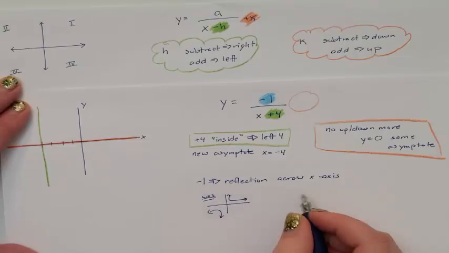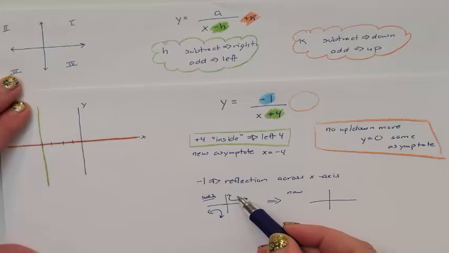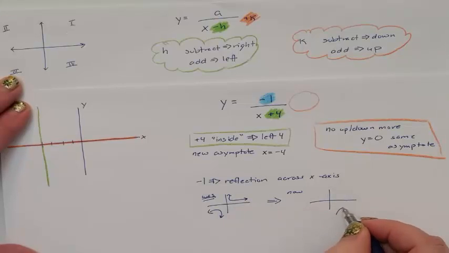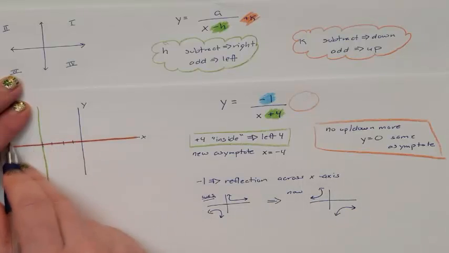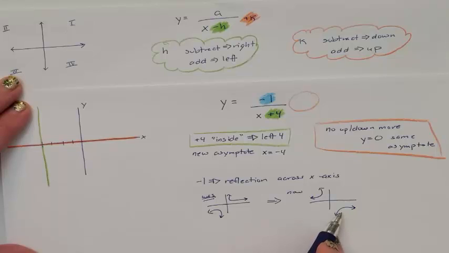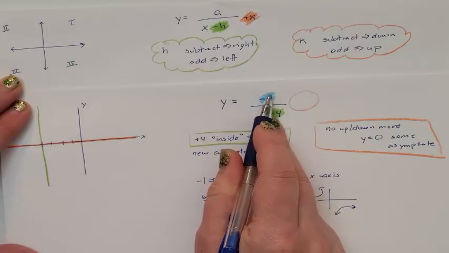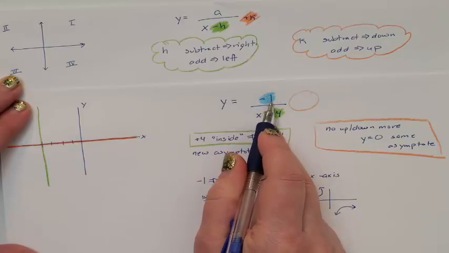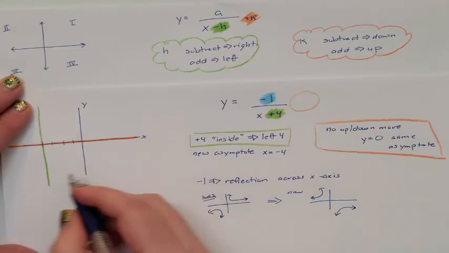But if you have to reflect across the x-axis, that means he goes to the other side of the x-axis, which is now down here. And he goes to the other side of the x-axis, which is now up here. So we know when we graph up here, we need to be using quadrants 4 and 2 now. And this is not a number bigger or smaller than 1, which means he is not stretching, he's not shrinking. He's going to be the normal parent function going down in quadrants 2 and 4.